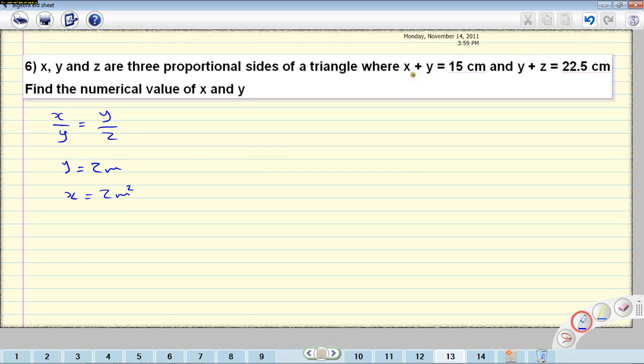Okay, here X plus Y equals 15 and Y plus Z equals 22.5 centimeters. Find the numerical value of X and Y. Simply, I'm gonna replace X and Y here. So X is Zm to the power of 2 plus Y, which is Zm, equals 15.